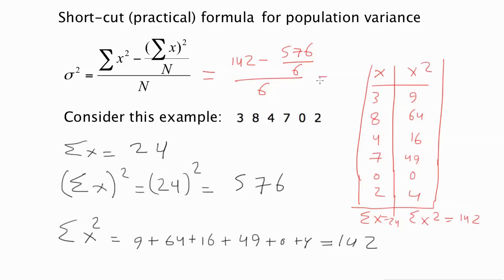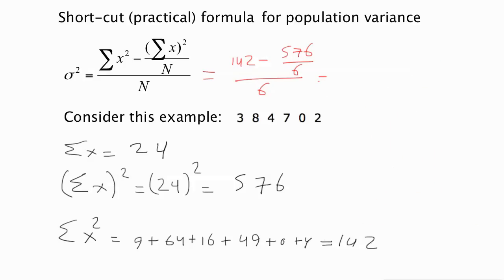So 142 minus this, I need to take this table away. So that's here equal to 142 minus 96, where 576 divided by 6 is 96. And if you subtract this, that's again 46 over 6, right? Which is again the same value we got before.